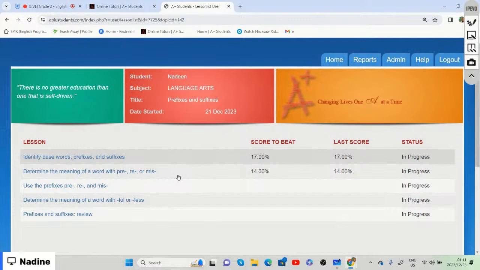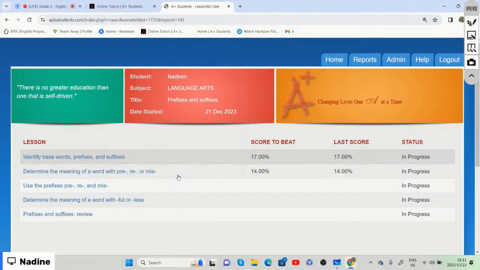And sometimes knowing the prefix will help you determine what the meaning of the word is. So if you know the meaning of the prefix, then you'll be able to add it to the base word, and then you'll be able to create the meaning of what the base word plus your prefix is.